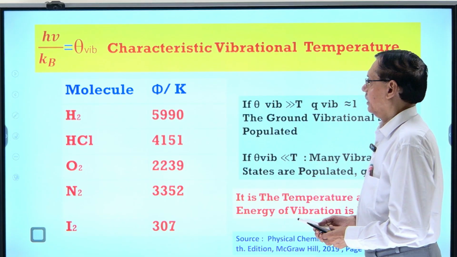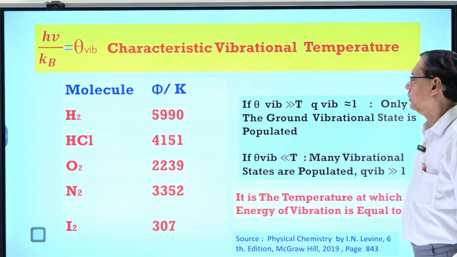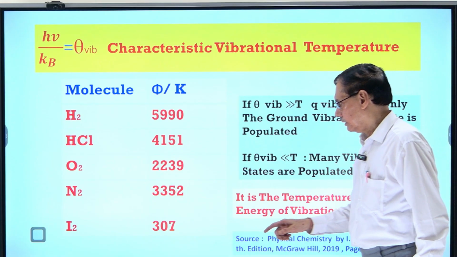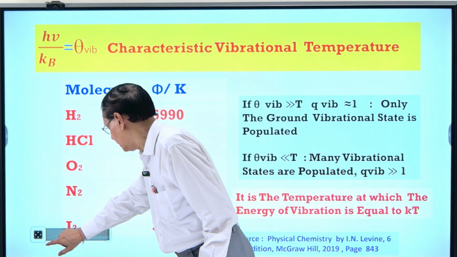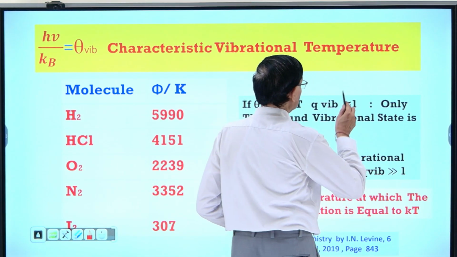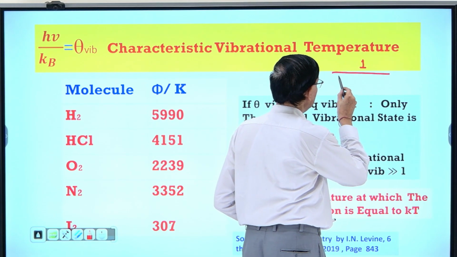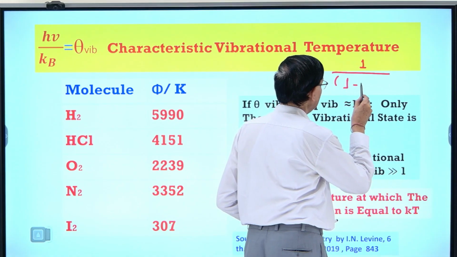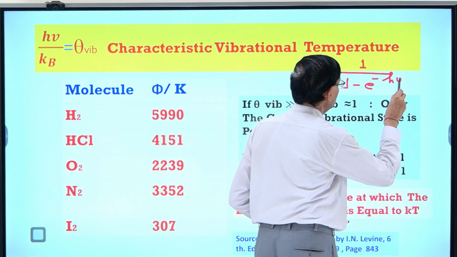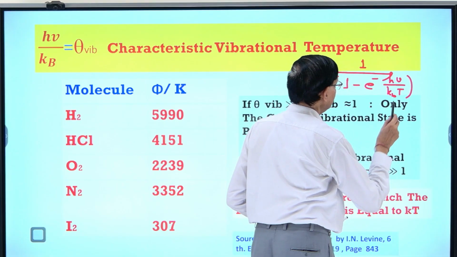Now one thing is important, because you know that whenever we write the formula, I have written here the final formula: 1 minus exponential minus h nu by Boltzmann constant and T. These are final formulas.